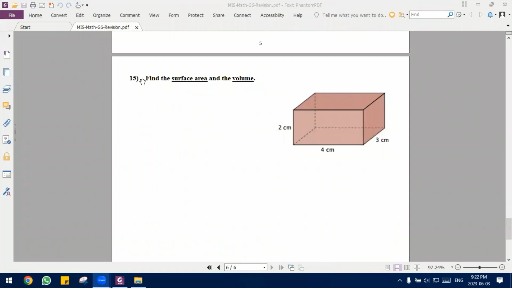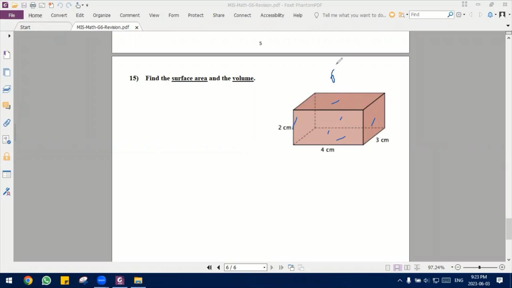Now the last question, find the surface area and the volume of this cuboid. Now for the surface area, we need to consider the faces, okay? So the cuboid has how many faces? 6. Front and the back, 2 sides, and the top and the base. So 6 faces. Opposite faces are equal.